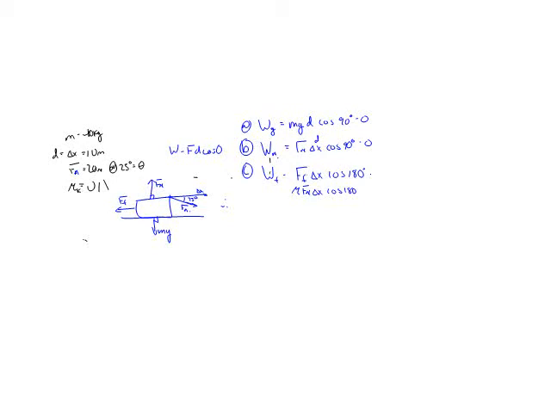So we have to look back at the forces in the y direction, where ay is zero. We have Fn up, mg down, and the y component of the applied force, which is also down.